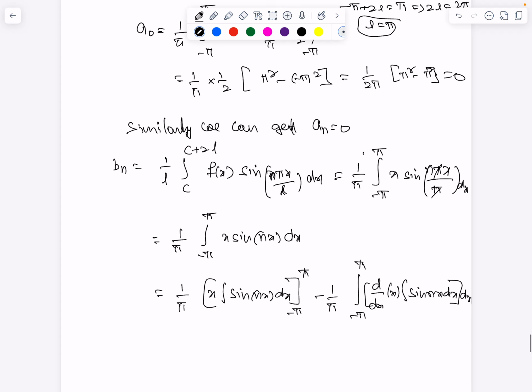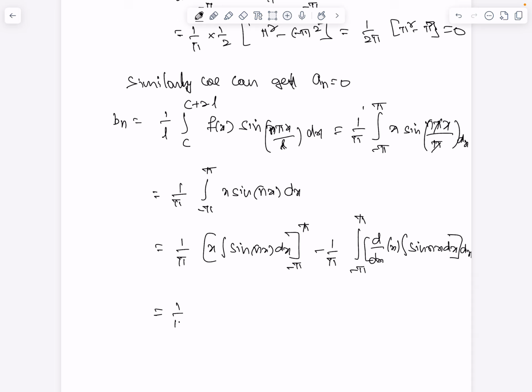Now you simplify. This is equal to 1 by pi times x into minus cos nx by n from minus pi to pi, and minus 1 by pi integral minus pi to pi. The derivative of x is 1, and the integral of sin nx is minus cos nx by n dx.